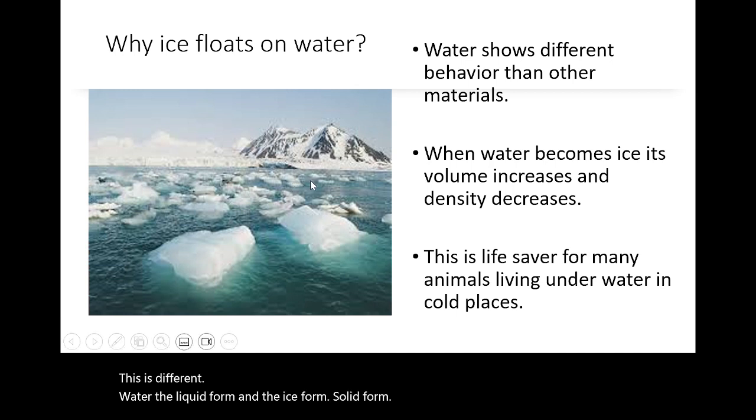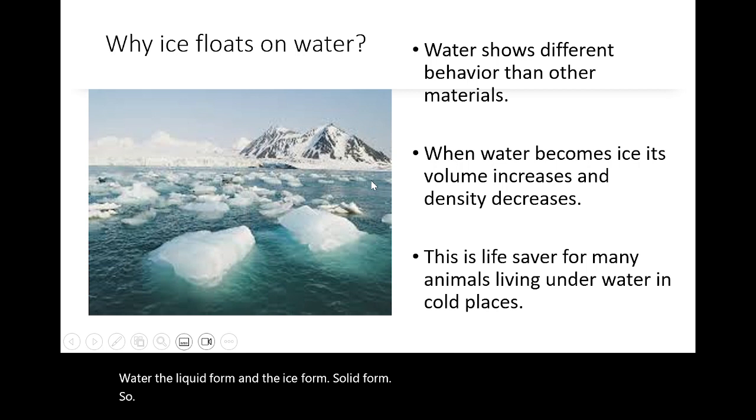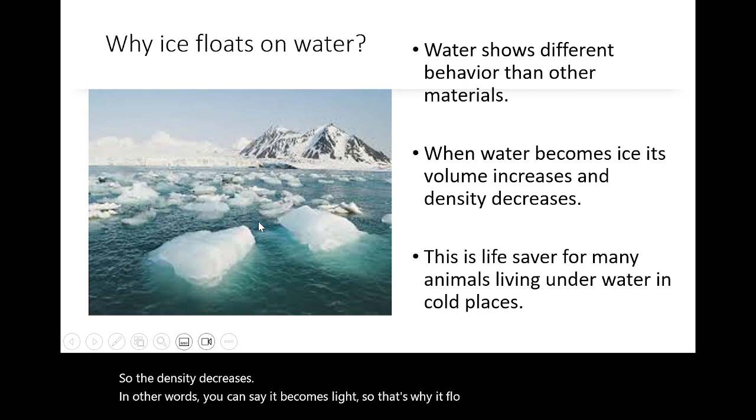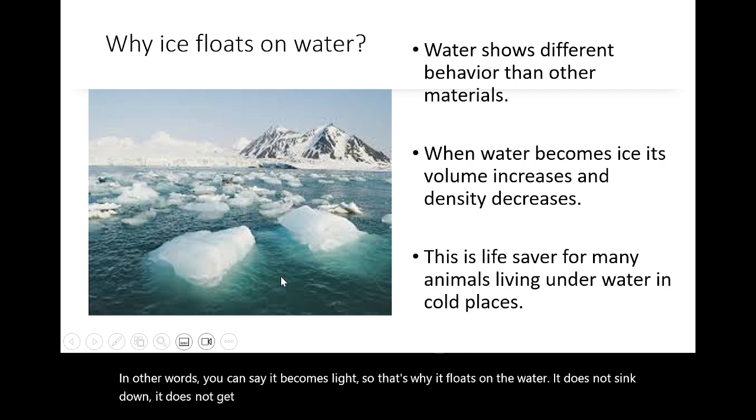When water becomes ice, the volume increases, so the density decreases. In other words, you can say it becomes light. That's why it floats on the water. It does not sink down.